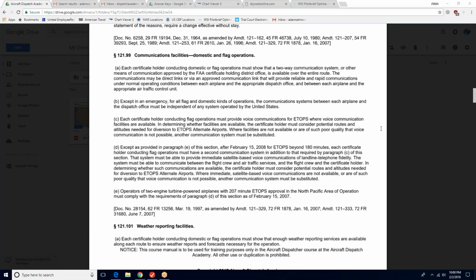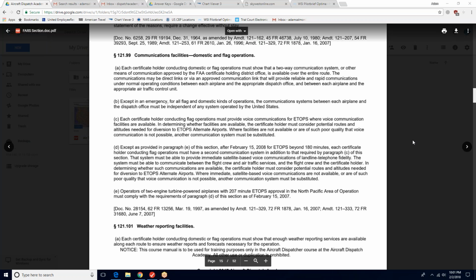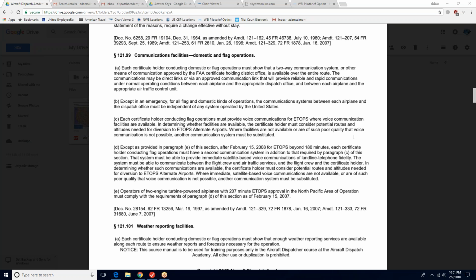Now, it doesn't say this in the FAR specifically, but if you were to take a guess, what do you think reliable and rapid means? What do you think they're trying to get across here by saying that the communication link we use needs to be reliable and rapid?